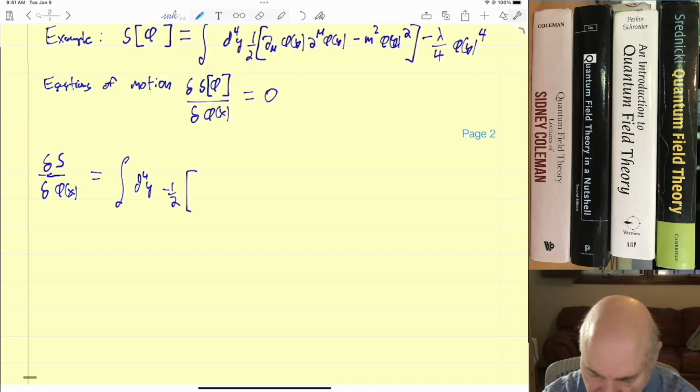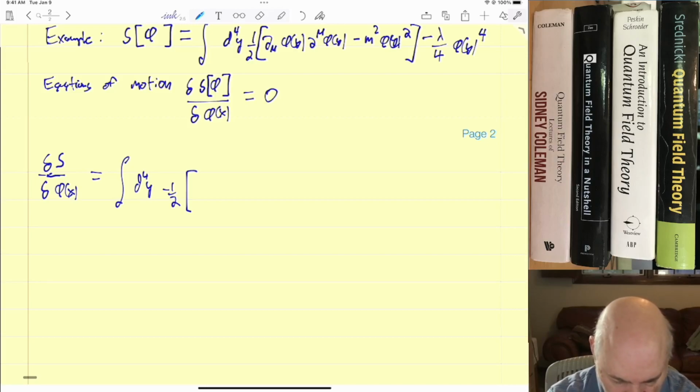And now, the basic rule, you can do your integration by parts and everything, but the basic rule is that the functional derivatives can sort of commute with ordinary space-time derivatives. So you can go right through them. What you can do is a partial derivative, integration by parts. I'll probably do the integration by parts anyway.